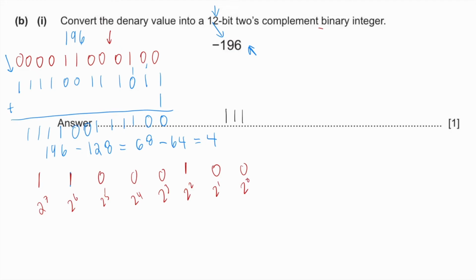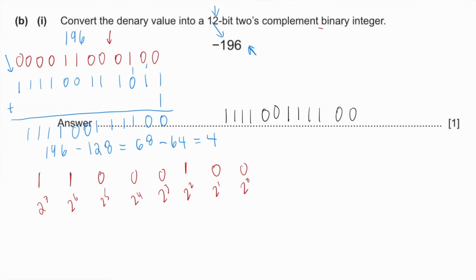We have 4 ones, and then 2 zeros, 4 ones, and 2 zeros. That's our answer, and again, this is in 12 bits. If you check our answer, yeah, we're good to go. And that's how that works.